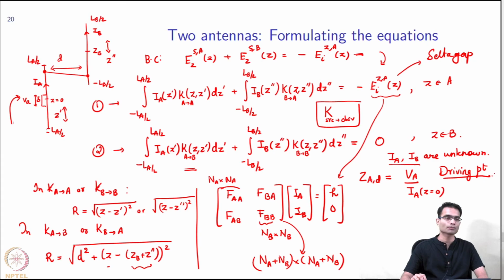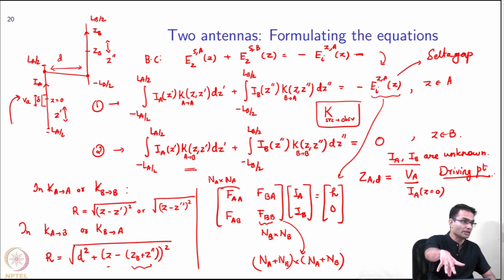So, you could find out the mutual coupling by solving the problem without element B, you get some impedance, right. So, this sort of completes how to deal with two antenna elements, and this opens up a vast area of research. I will just very briefly mention it over here.